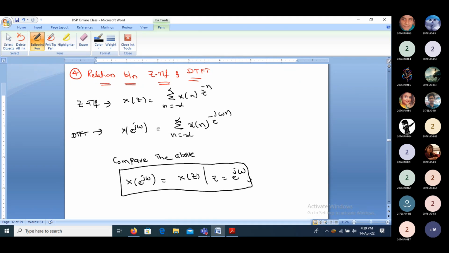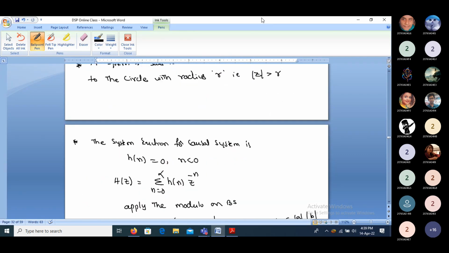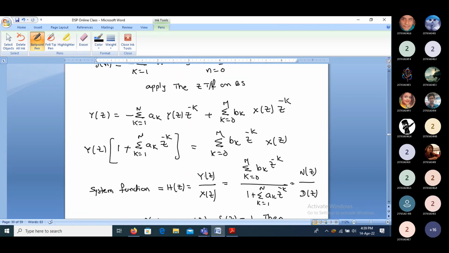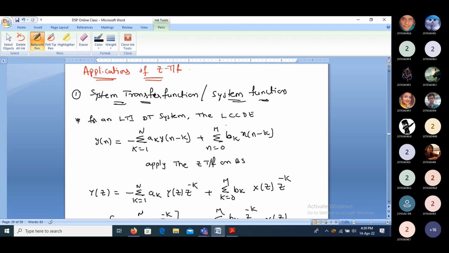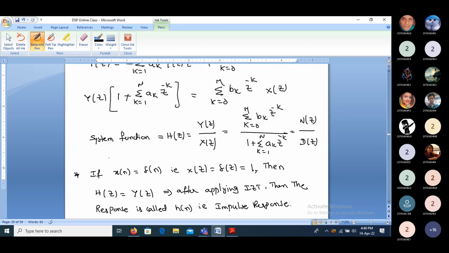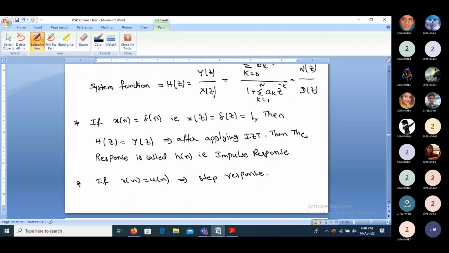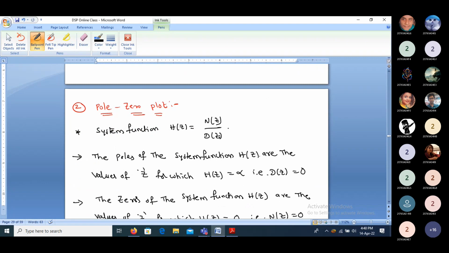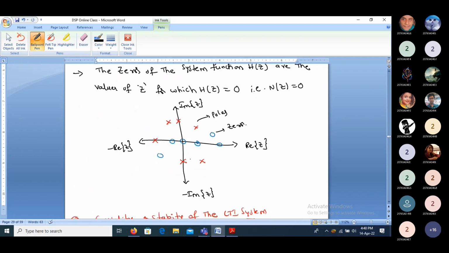If you have any doubt, please ask me. Till now, these are the applications of the Z transformations. All of you please go through your notebooks. First, for a given difference equation LCCDE, we calculate the transfer function by applying the Z transformation. After calculating the system function H of z is equal to Y of z by X of z, plot the location of the poles and zeros on the z plane.